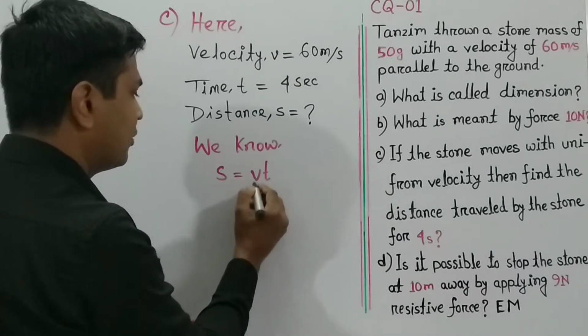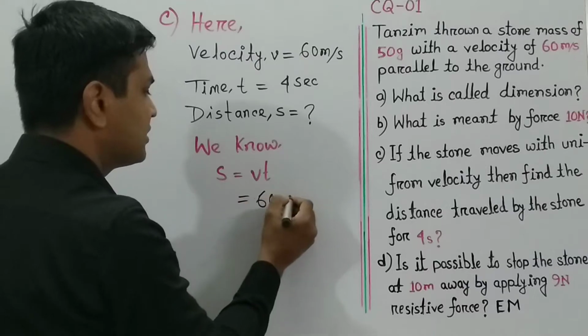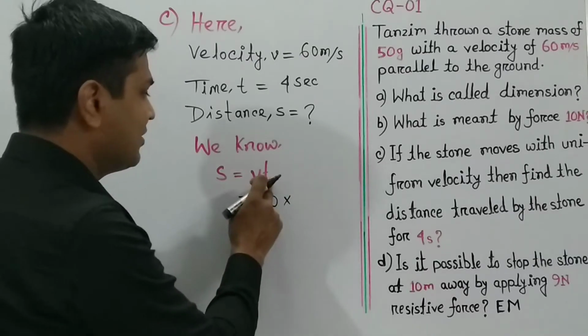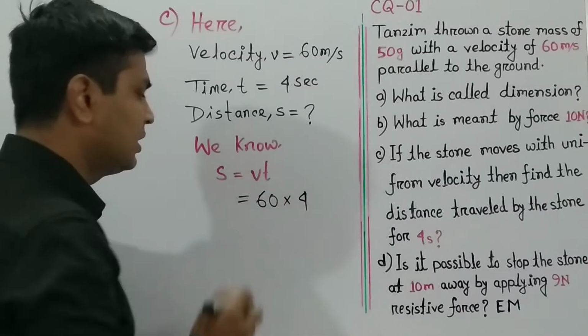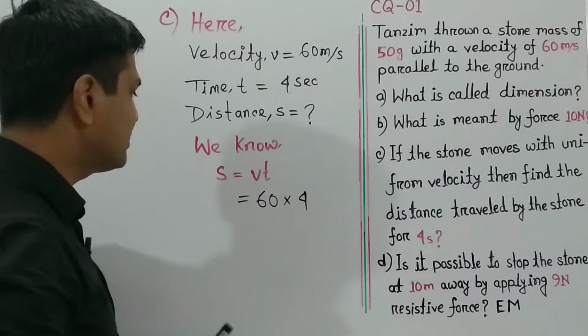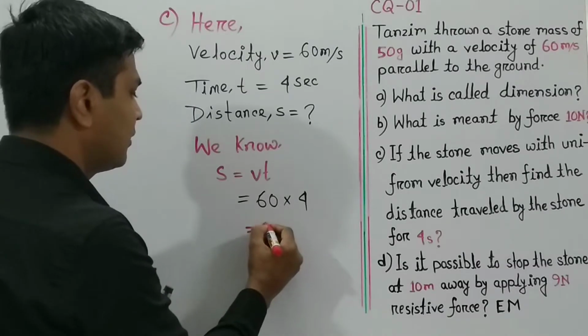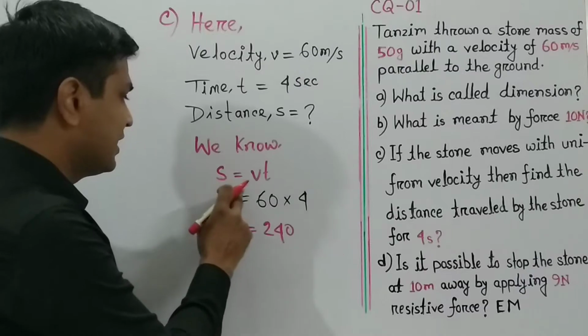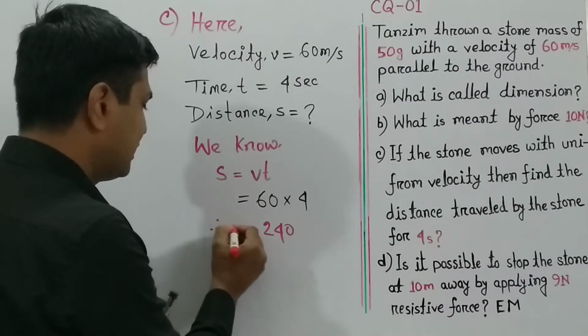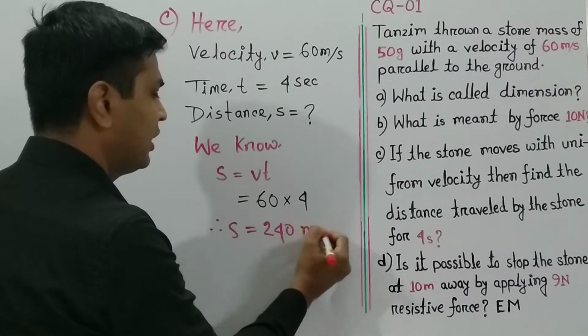So if you put the value of v, which is 60 meter per second, and time, which is 4, after calculating that expression we will get the value 240. As you know, the unit of distance is meter, so we can write s equals 240 meter.